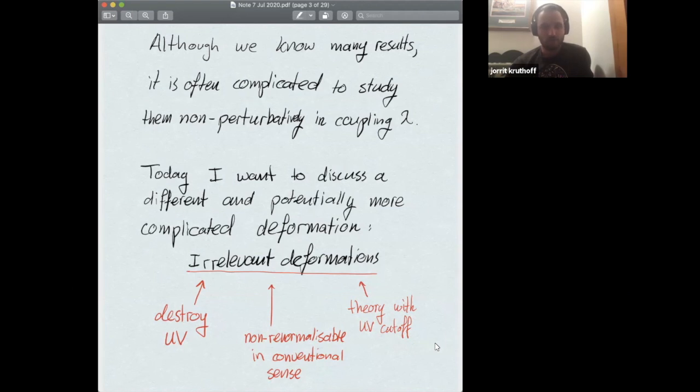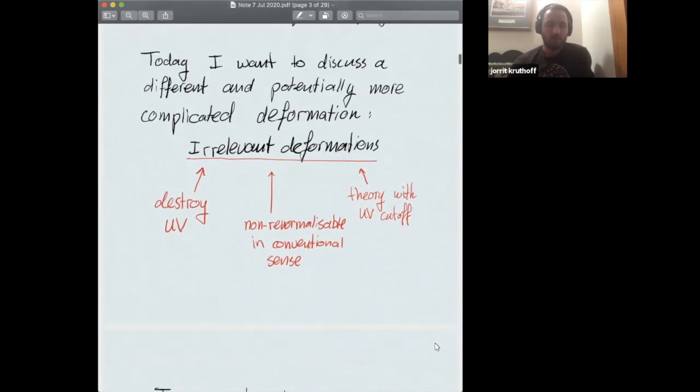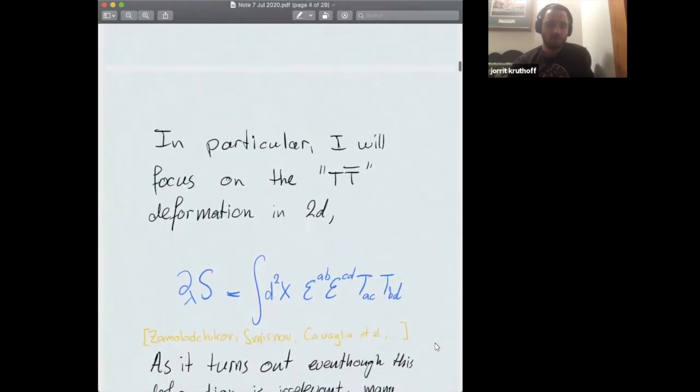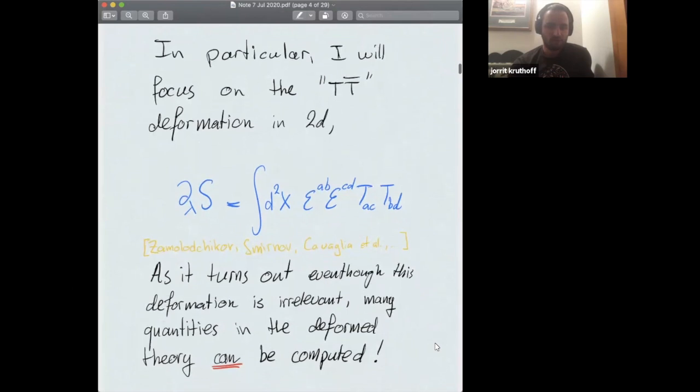You can think about them as a theory with a UV cutoff. In the conventional way we thought about QFT, before effective field theory and all that, these theories are non-renormalizable, with more input needed. In particular, the deformation I would like to focus on is what's known as the TTbar deformation.